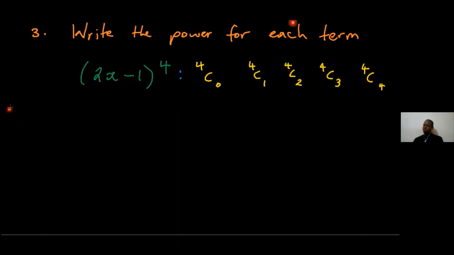That means we're going to have 4 choose 0, 2x and negative 1, plus 4 choose 1, 2x and negative 1, and we're going to continue for each of these here.